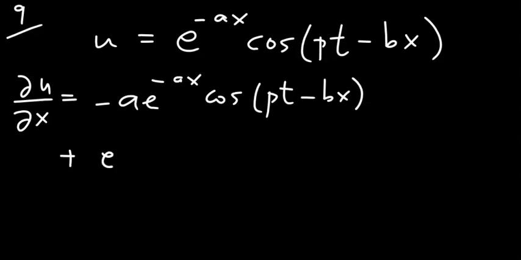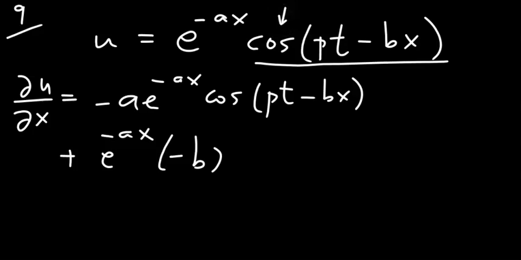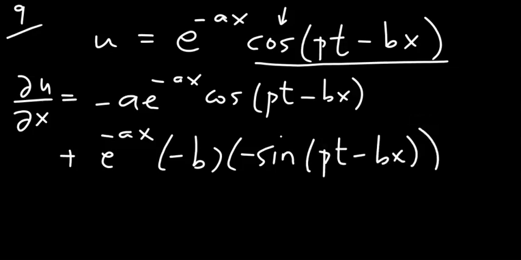Plus, you write the first term, the exponential term, and then you take the derivative of cosine with respect to x. In order to take the partial derivative of cosine with respect to x, first you have to take the derivative of that argument with respect to x. That's going to give you minus b, because those are constants. Now take the derivative of cosine with respect to that argument, you will get minus sine of the entire argument.